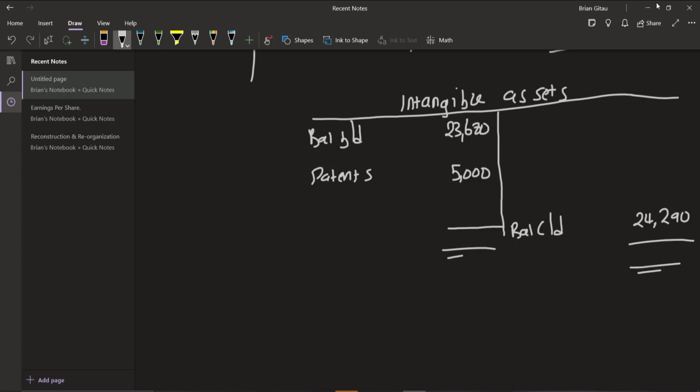Let's calculate that. 23,680 plus 5,000 gives us 28,680. 28,680 minus 24,290 gives us a balancing figure of 4,390.